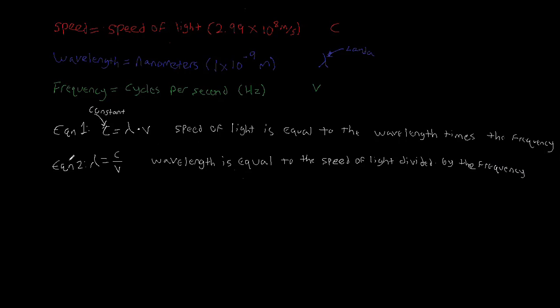Okay. So let's just think for a second about what this equation specifically means. What this equation means is that as you increase frequency, as the bottom number gets larger, this whole thing becomes smaller because C is a constant. C is never going to change.